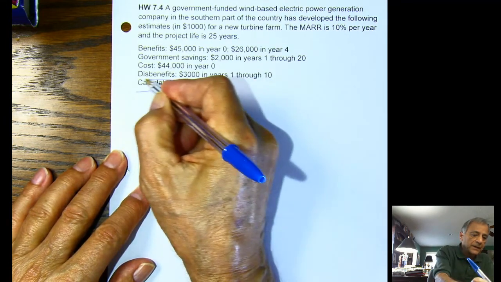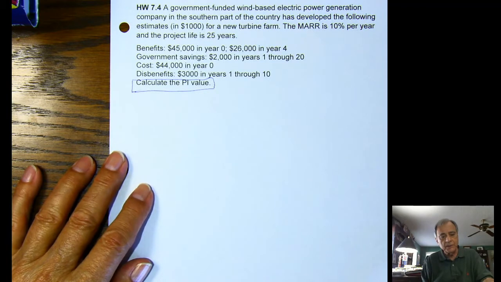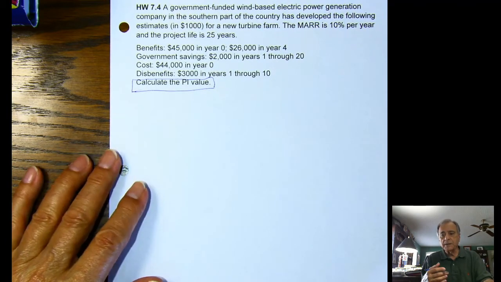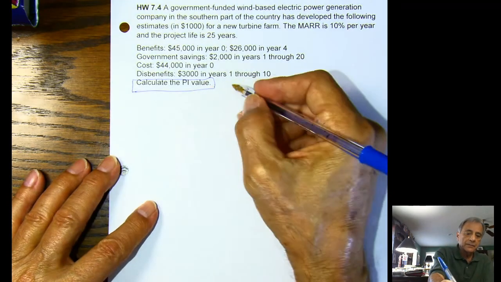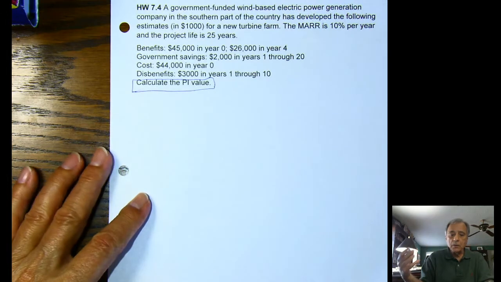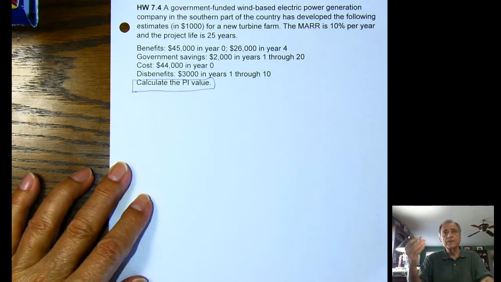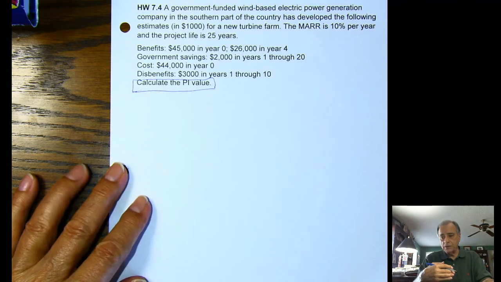I think this was in section 7.3 in your book, but the profitability index is basically the present worth of the benefits, or you could use annual worth or future worth, but it's the value of the benefits divided by the cost.